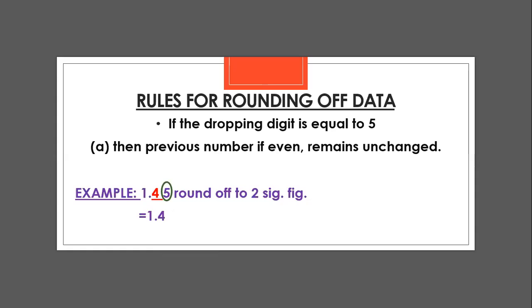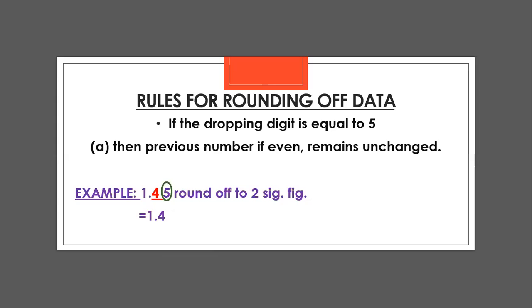Let's see the example. 1.45, round off to 2 significant figures. Let's see, 1.45 has 3 significant figures, as these are non-zero digits, and all non-zero digits are significant. They are countable. You have to round it off to 2 significant figures.